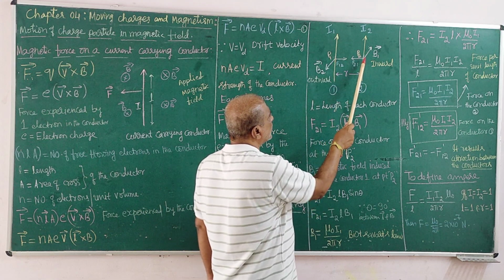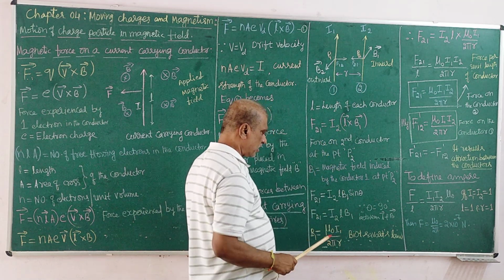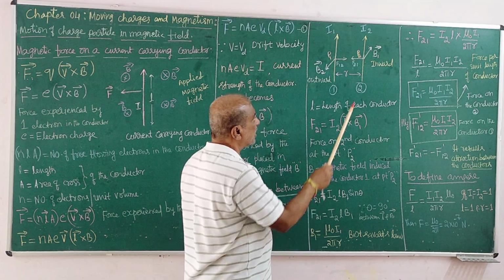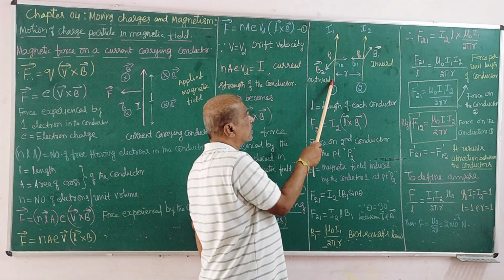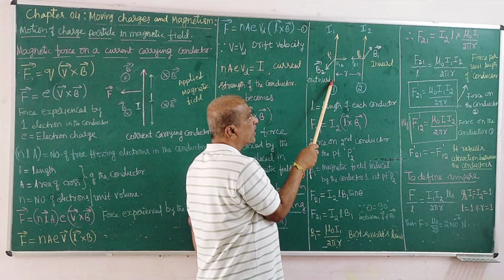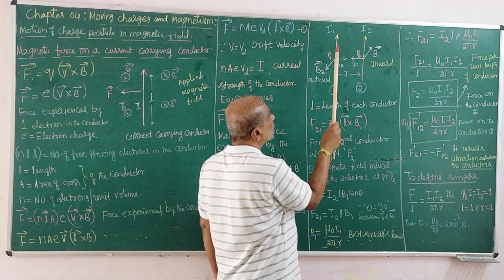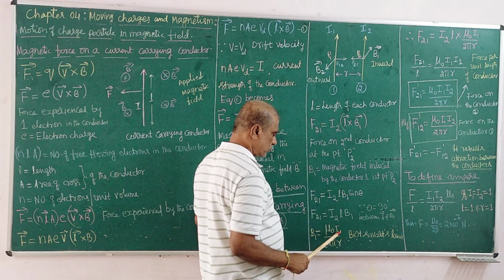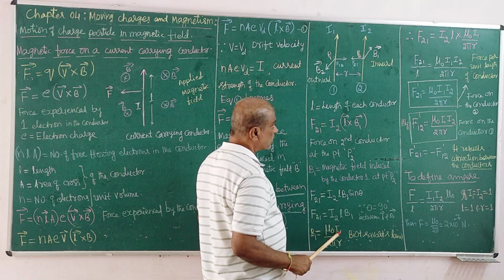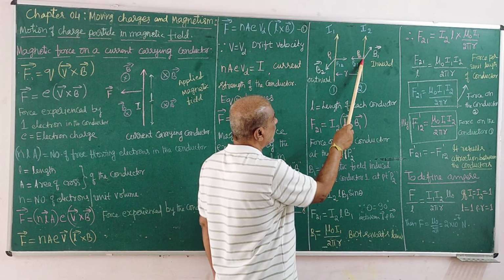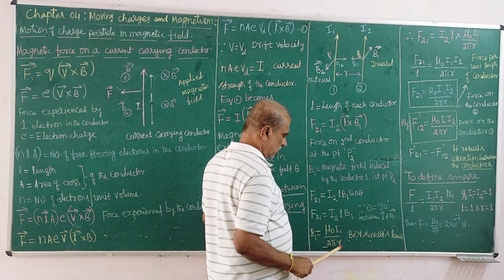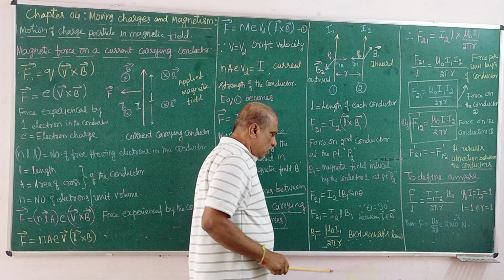The magnetic field, that is B1, is given by mu naught I1. What is the current in this conductor? Magnetic field at this point due to the conductor having this current, that is I1. The distance at which the point is separated from this conductor is r, that is 2 pi r.